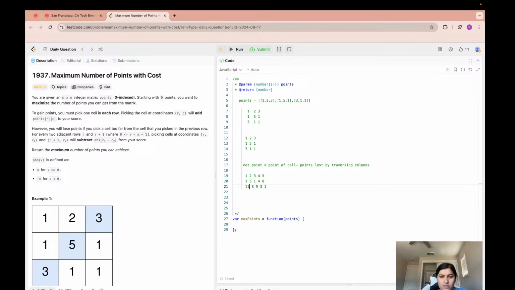Suppose this is 11. Then what would I choose? Would I choose 9 or would I choose 11 here? So this is 9. Is this a backtracking problem or some kind of recursive solution?